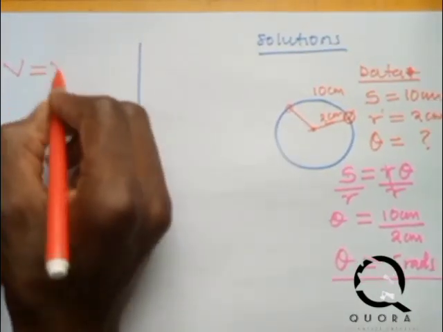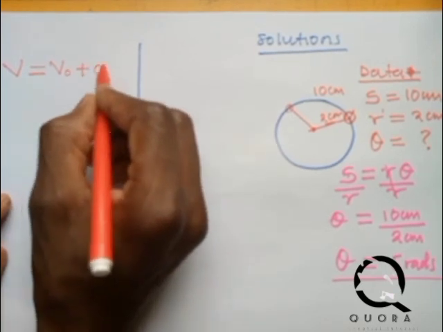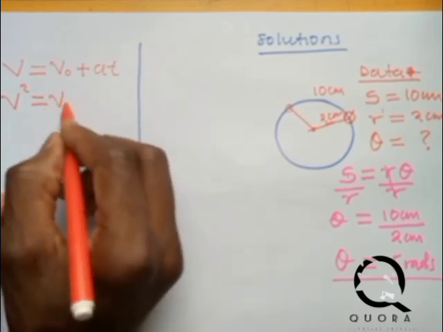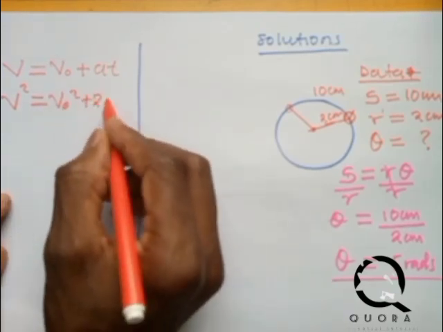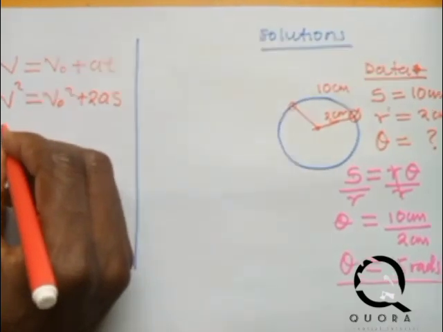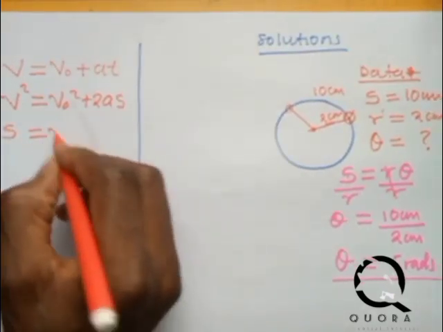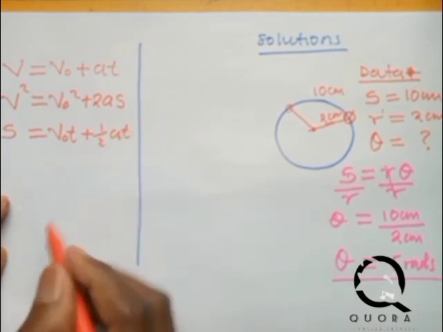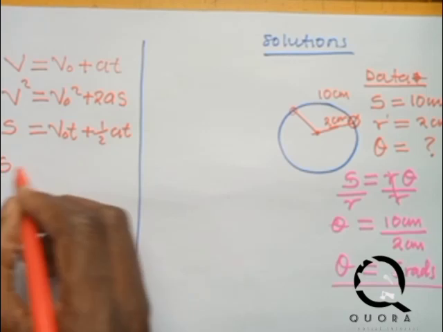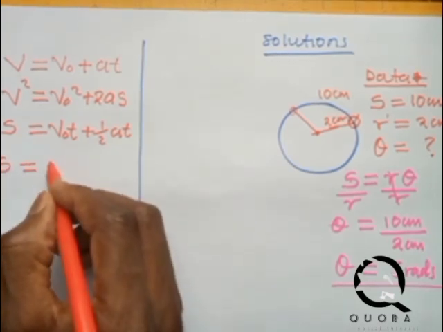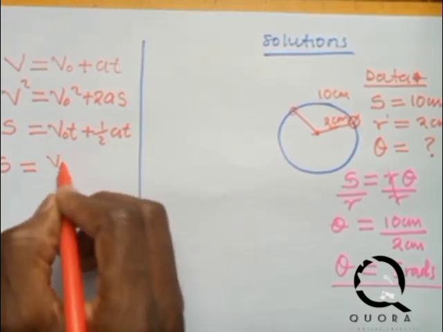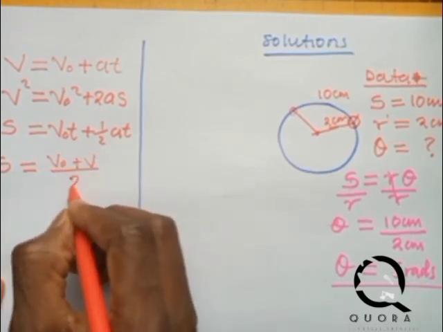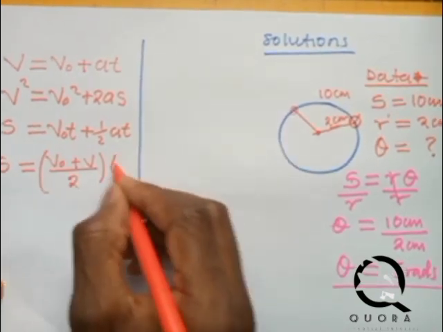V is equal to V initial plus A T. V square has to be equal to V initial square plus 2A S. S has to be equal to V initial T plus 1 over 2 A T square. S has to be equal to V initial plus V final over 2 multiplied by T.